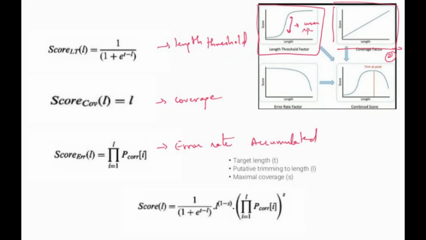The product of the probabilities that each base is correct gives us the score. A user-specified strictness setting, S, can be set between 0 and 1, and this balances the coverage factor and the error rate factor. So putting together all these factors gives us the overall formula.